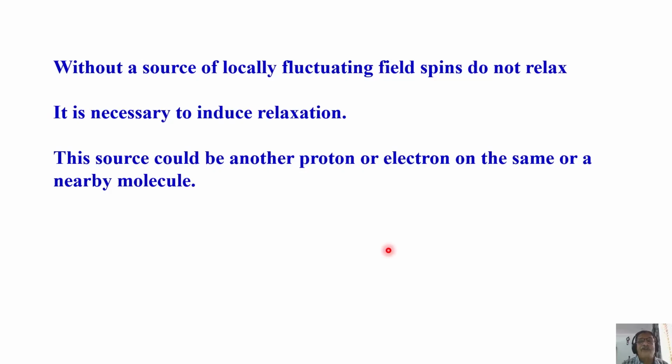What is the requirement for that? There must be some fluctuating fields whose frequency should match with the Larmor frequency. And this fluctuating field should be in the transverse plane so that it is giving the energy. So this should match with the Larmor frequency. Then the excited spin will give energy to the lattice and come down to thermal equilibrium. Lattice, of course, gets energy.